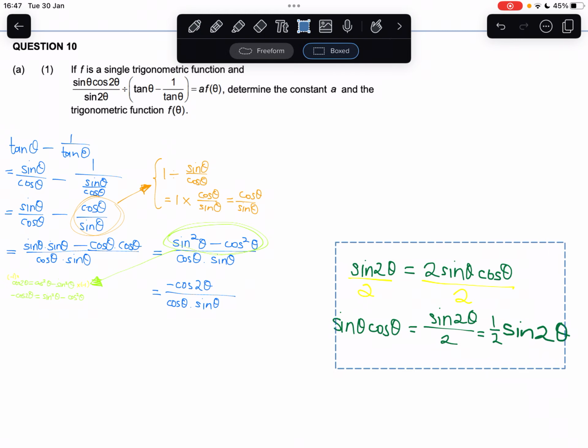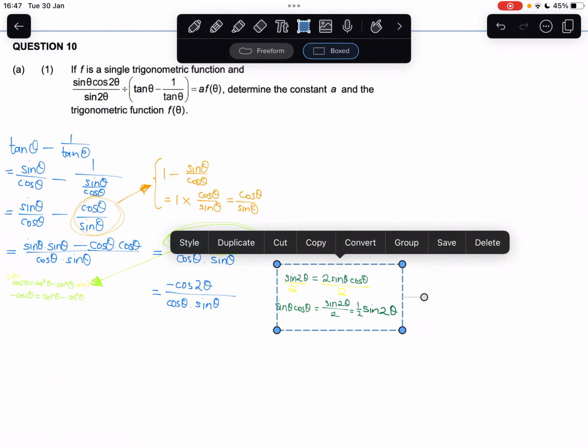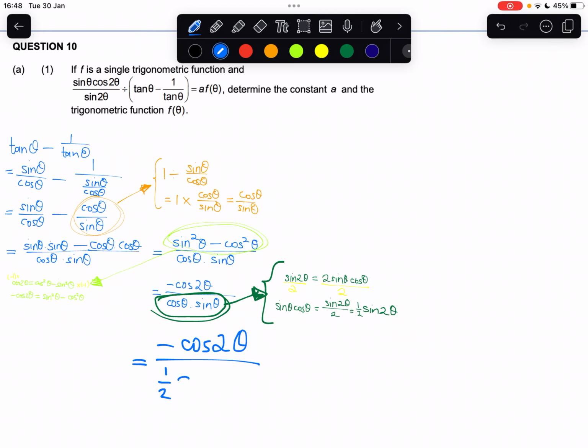Let's shrink this as well so that it looks proportionate to its peers. So we're saying that this guy we can rewrite using this idea here. So we now have minus cos 2 theta, and down here we now have a half sine 2 theta, right?